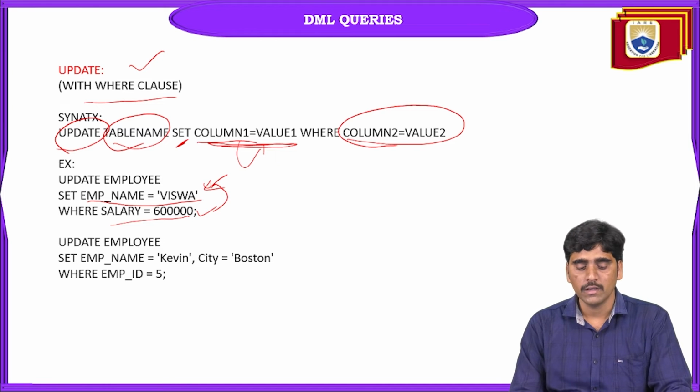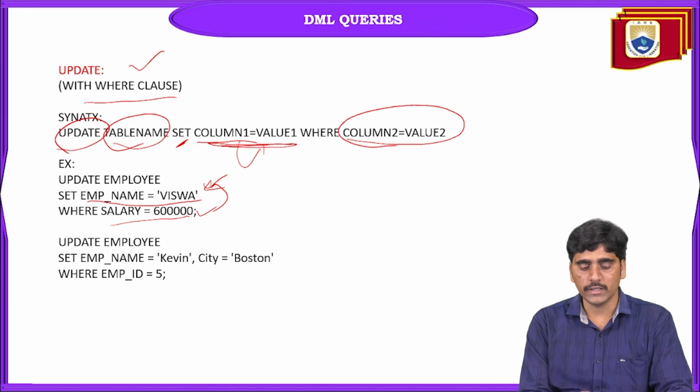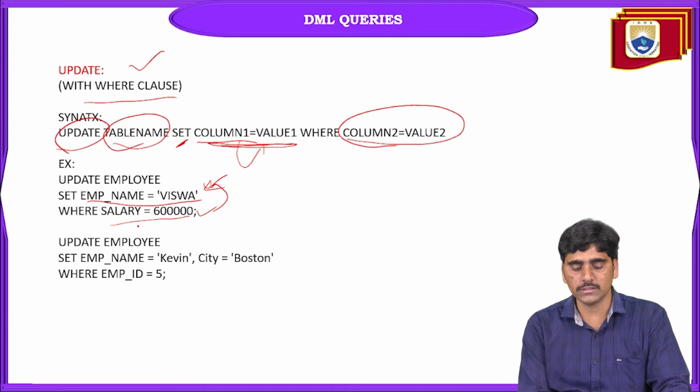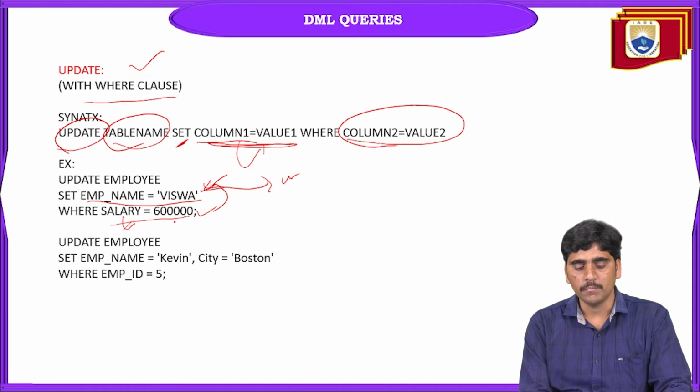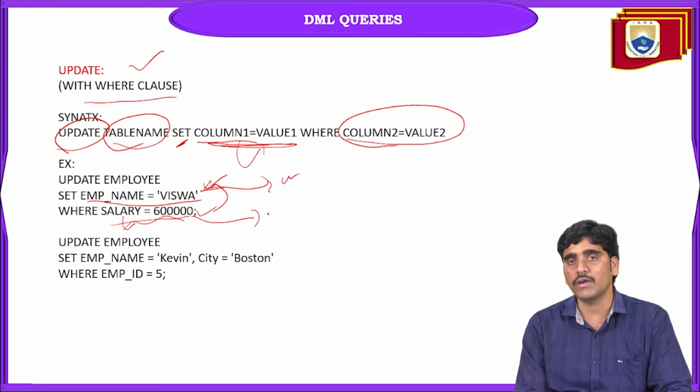So mention: update employee, set column 1 employee name equals to value 1 Vishwa, where salary equals to 6 lakh. This is the column 2 condition 2, column 2 value 2. This is the column 1 value 1.